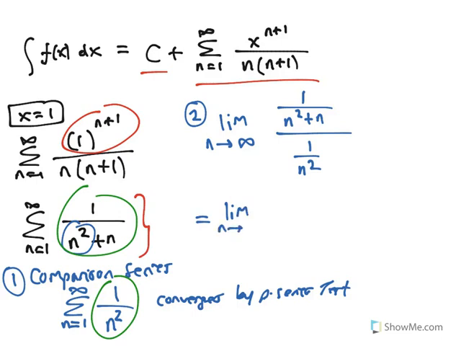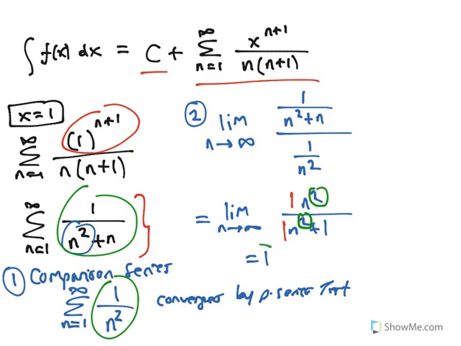So now you have the limit as n approaches infinity of n squared over n squared plus n. And because you have a rational function with the degree of the numerator and the degree of the denominator equal, the limit here is equal to the quotient of the leading coefficients, which is 1 over 1, which is of course 1.